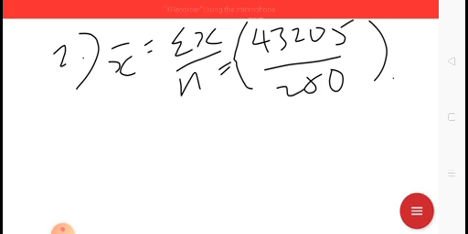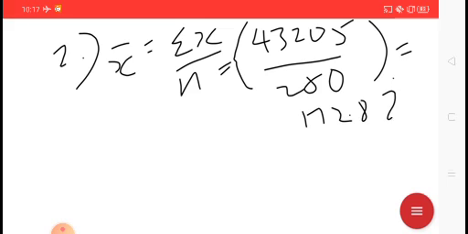So you will get 172.82. In this question, if you want, you can simplify it as 173, 3 SF. But if you need further calculation, you should use the exact value, as I mentioned before.